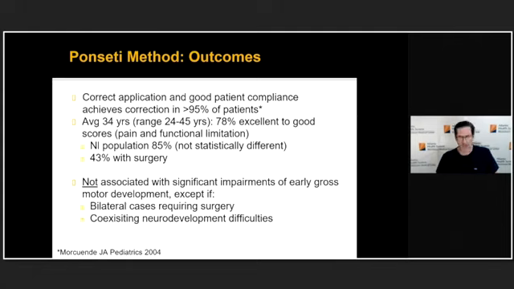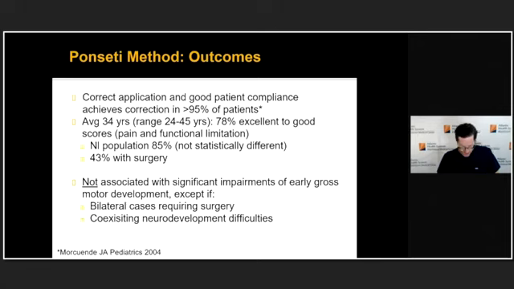Another important question I get from parents: does Ponseti treatment delay early gross development? And the answer to that is, it has not been found to be the case. It may delay certain milestones by 1 to 3 months, such as walking, but it is not found to significantly impair motor development, except in case of surgery, which is rarely required in less than a year of age, not counting the percutaneous tenotomy as a surgery.